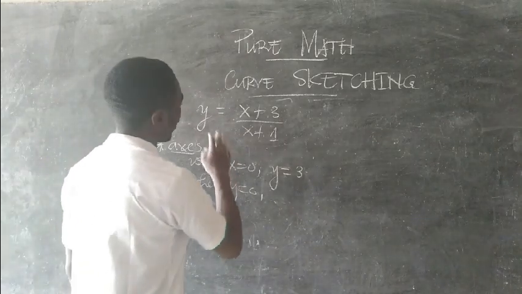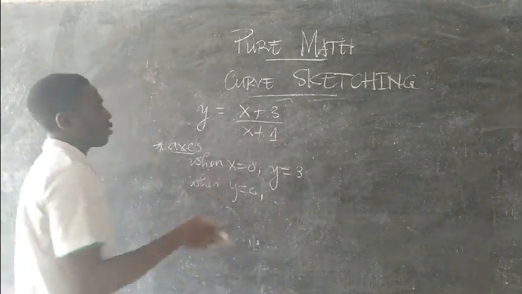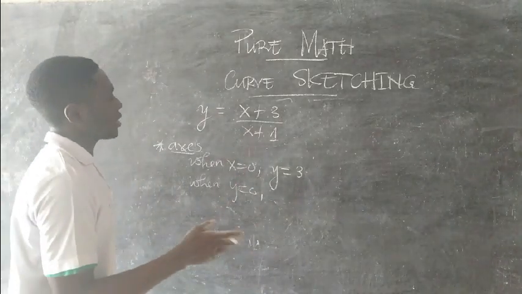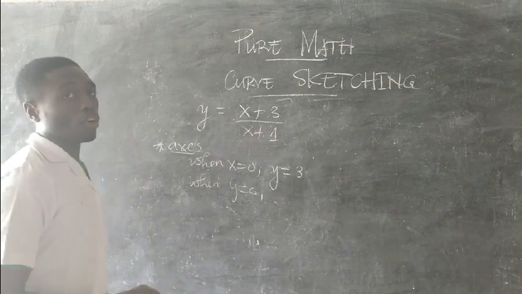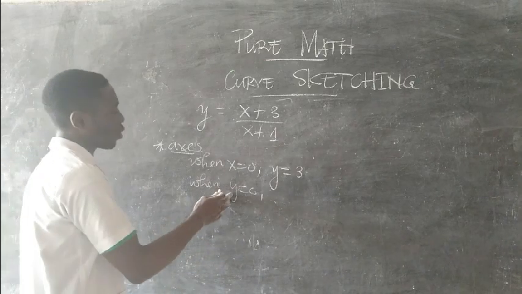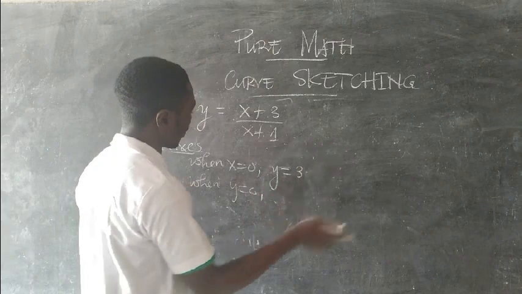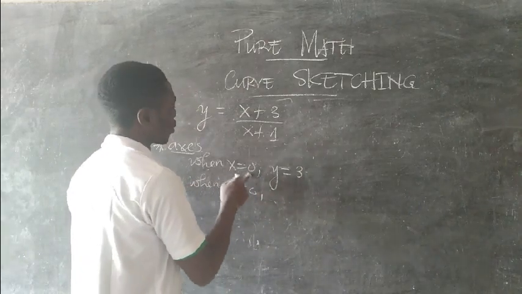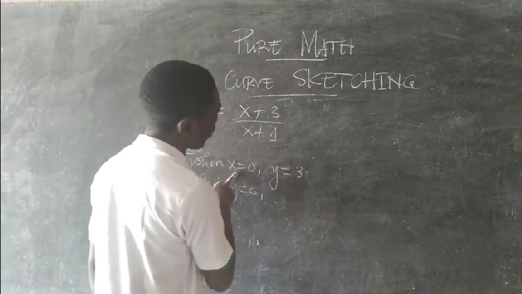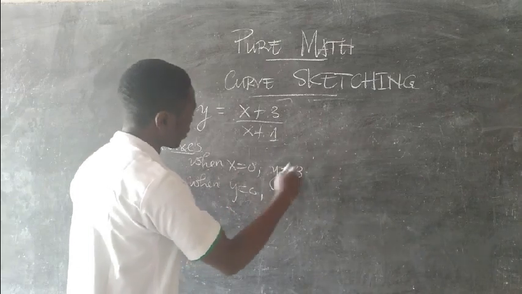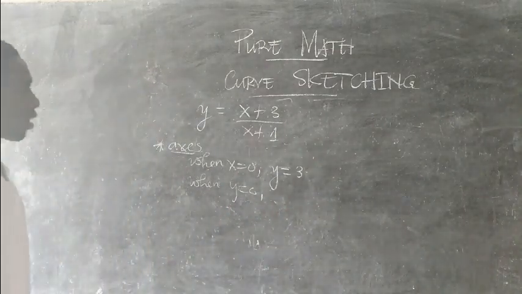If you let any of these be equal to 0 and x gives you infinity, you should use another value of y. If you let x equal to 0 and y gives you infinity, use another value of x to get an appropriate value that you can plot on the curve.